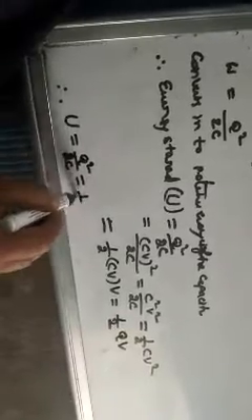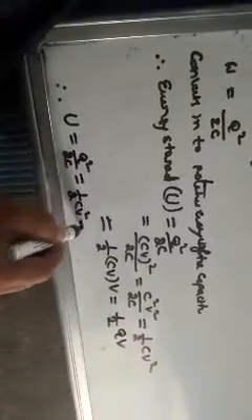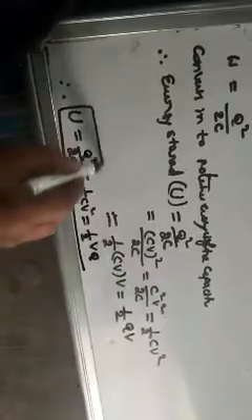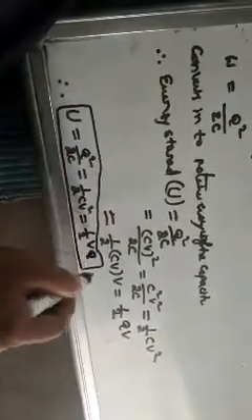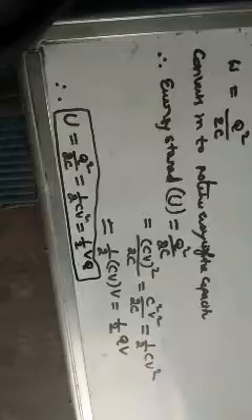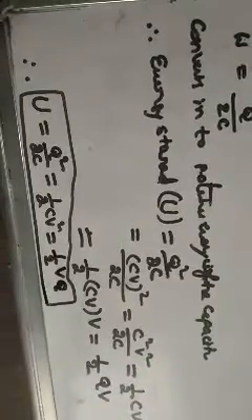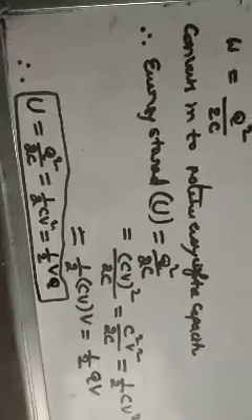Another is half CV square. Another is half QV or VQ, anything you can write. So according to the given data, select your formula while solving numerical questions.